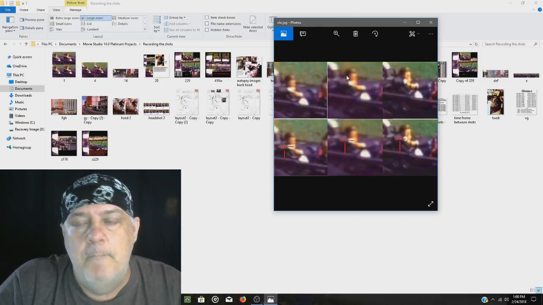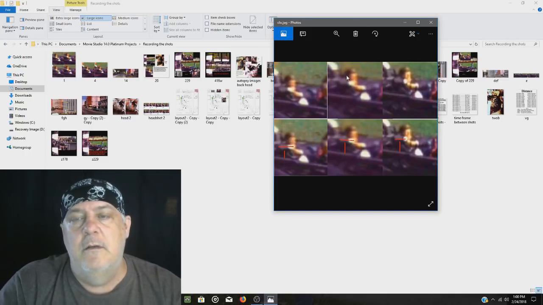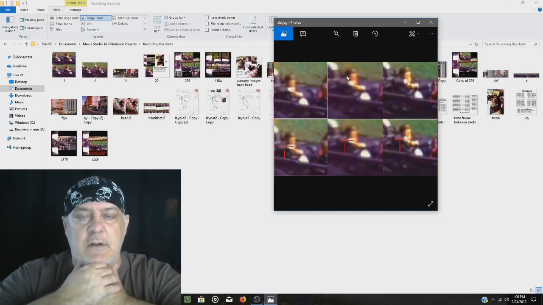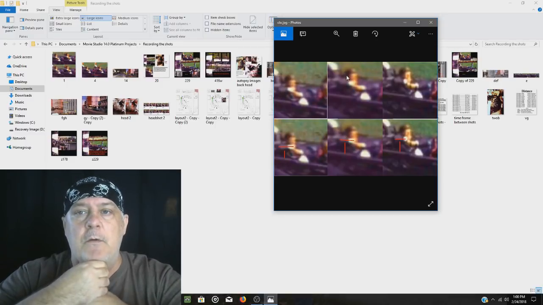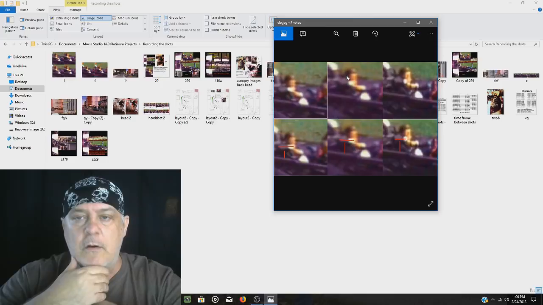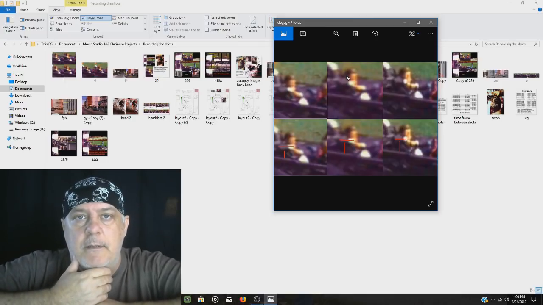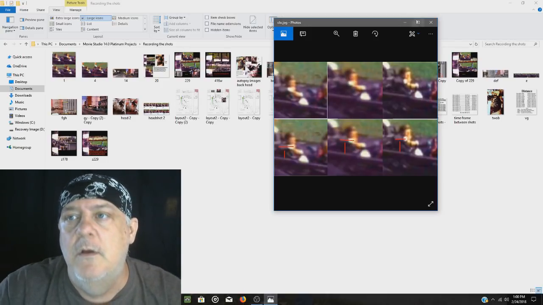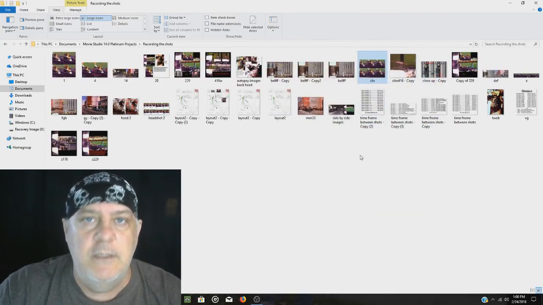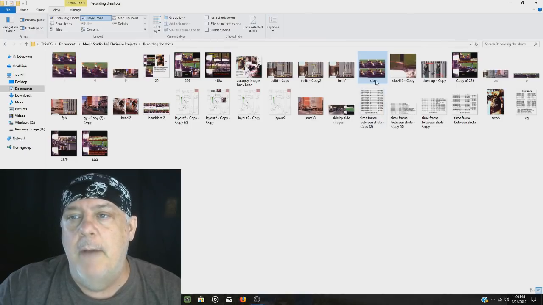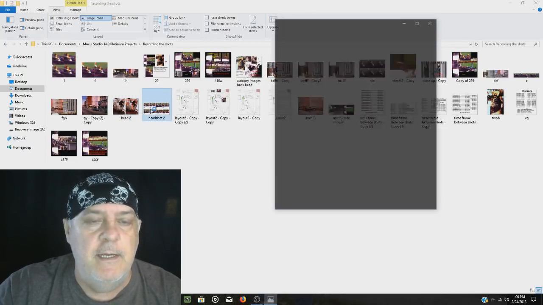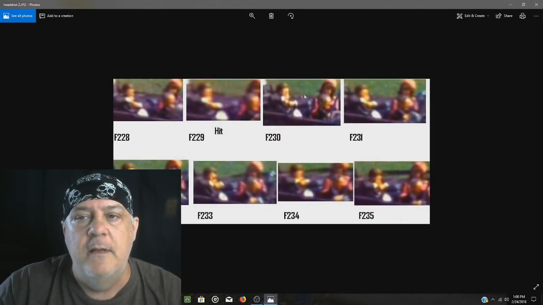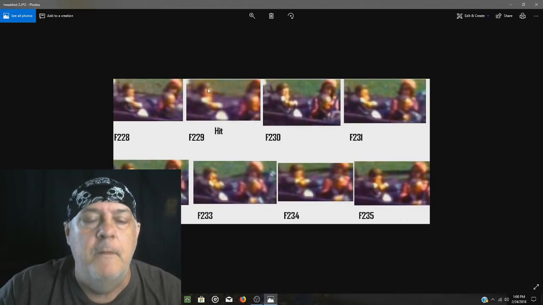We see by the reactions that his hands and arms were like this, but when he was shot, his arms go up, his shoulders go up, and his head goes forward, as you see right here. By photographic evidence, we can clearly see there was a shot that struck JFK by frame 229.